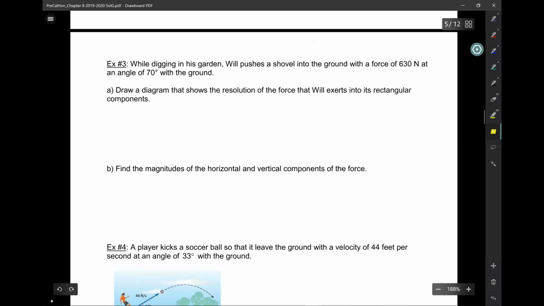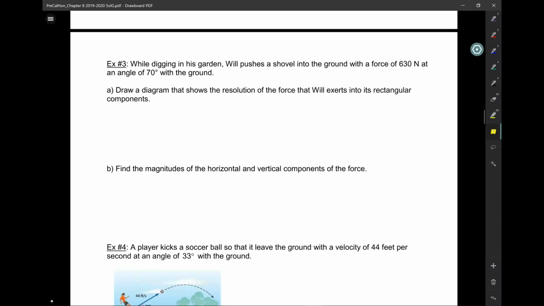So, while digging in his garden, Will pushes a shovel into the ground with a force of 630 newtons at an angle of 70 degrees with the ground. Usual. Okay, nothing big here. Now we're asked to draw a diagram that shows the resolution of the force that Will exerts into its rectangular components.